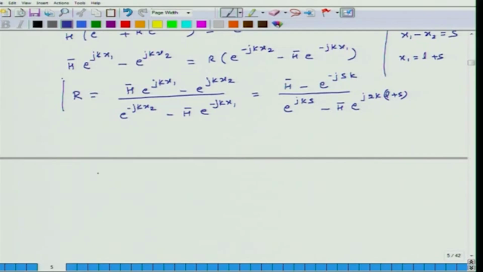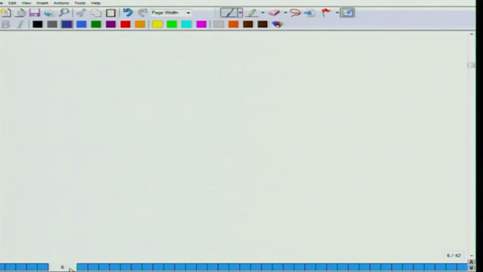Okay, so my final form is reflection coefficient equals h bar minus e to the power of minus jks divided by e to the power of jks minus h bar e to the power of j times 2k(L plus S).